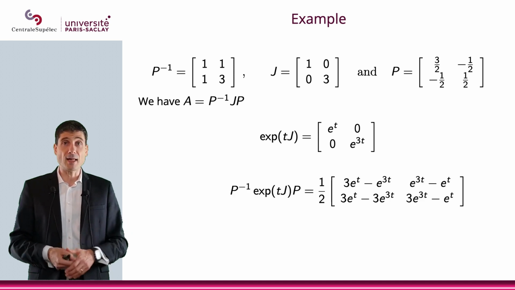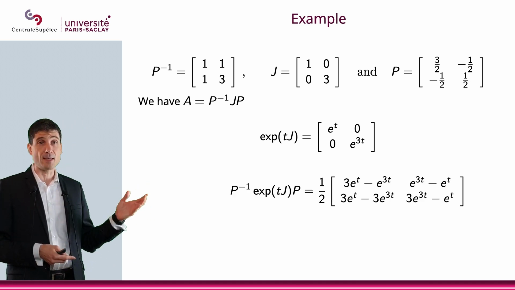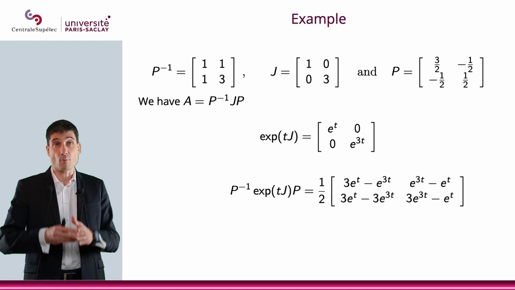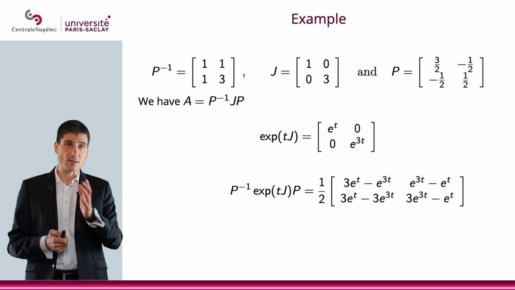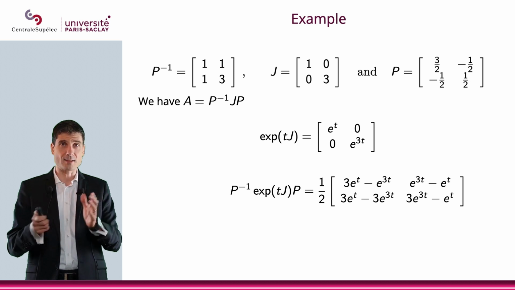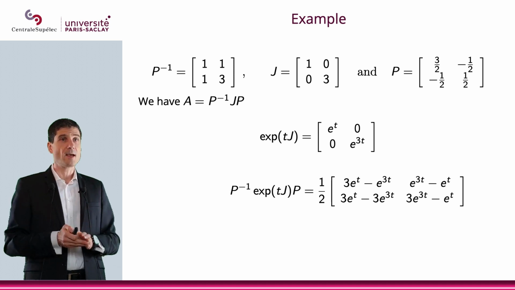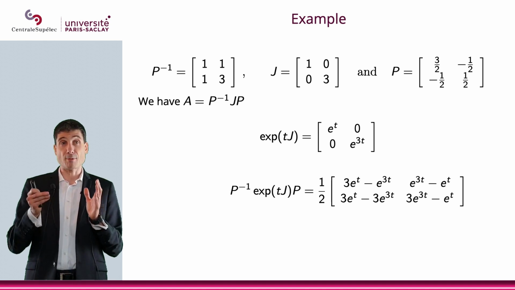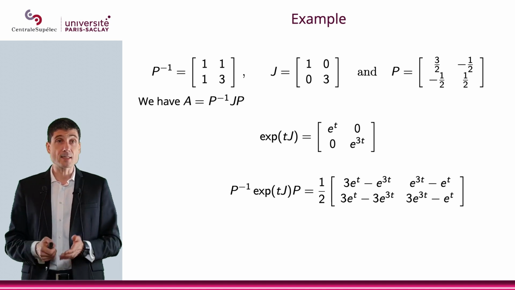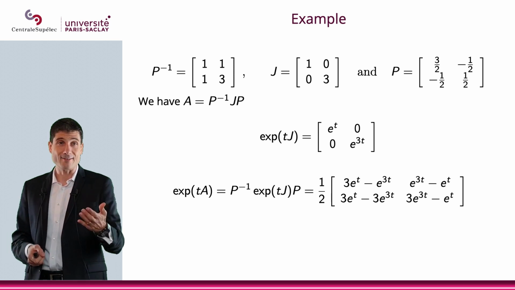Now, let me multiply by the inverse of P and P to the left and to the right. I just carry out the computation, and here's what I get. Again, you can stop the video and make sure that you agree and understand everything fully. Now, P inverse times exponential of tJ times P is known to be the exponential of tA, right?